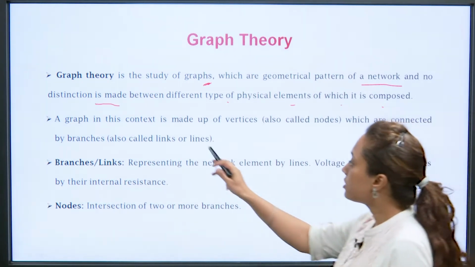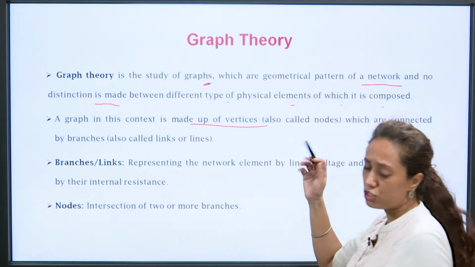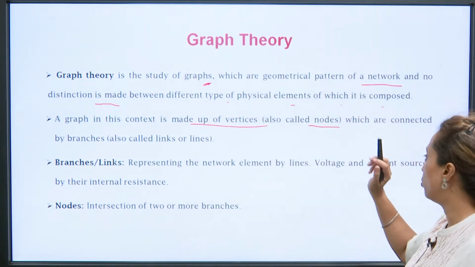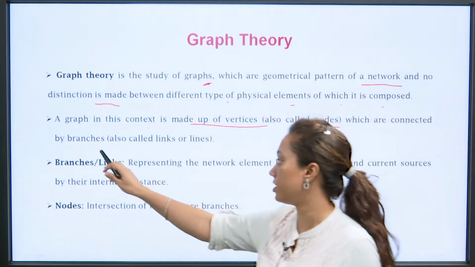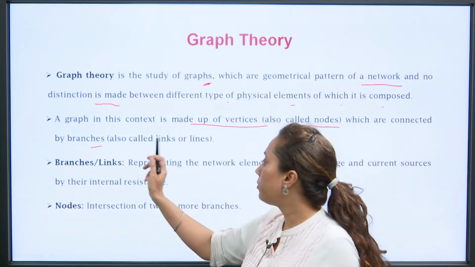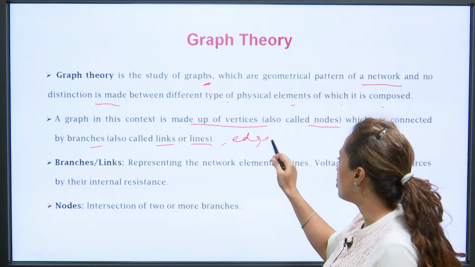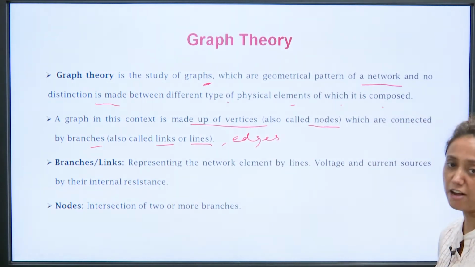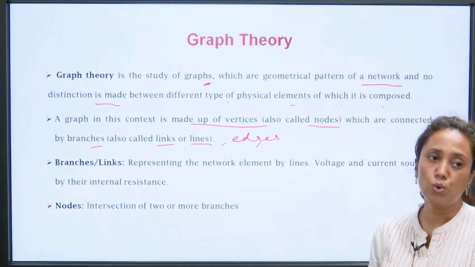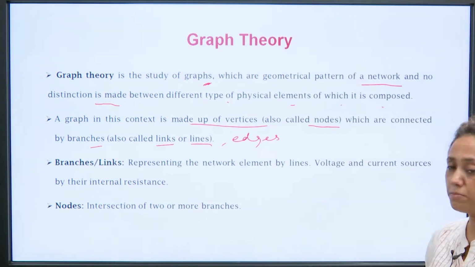The graph in this context is made up of vertices, also called nodes, which are connected by branches. Branches could be links, lines, and somewhere they are written as edges also. So a graph is composed of nodes and links or branches.